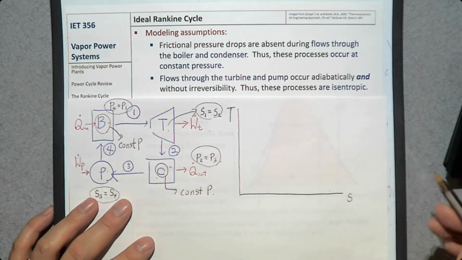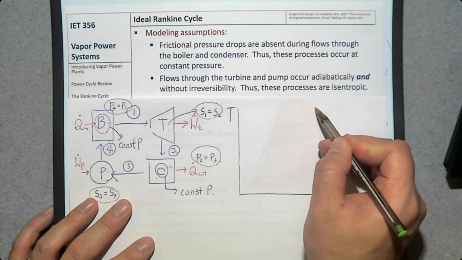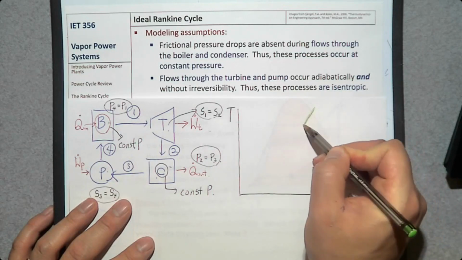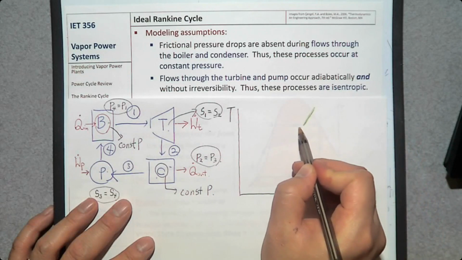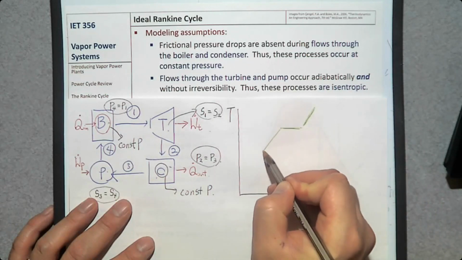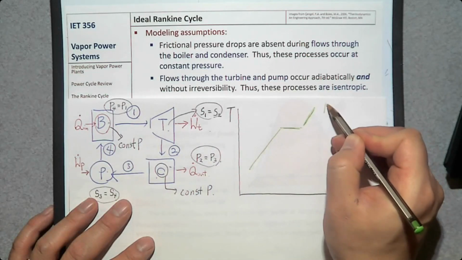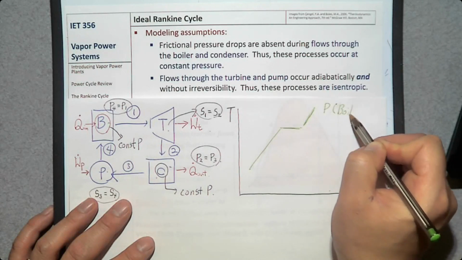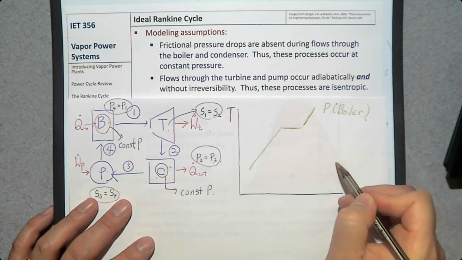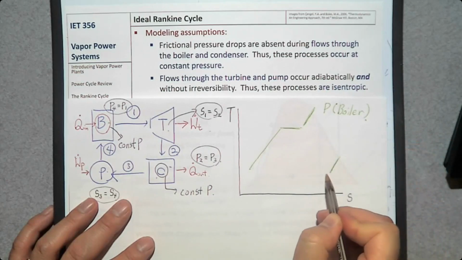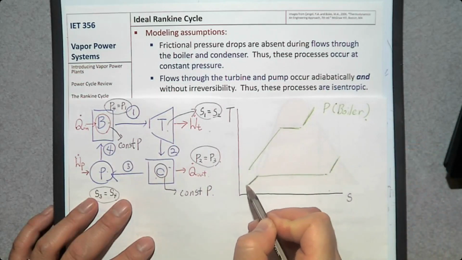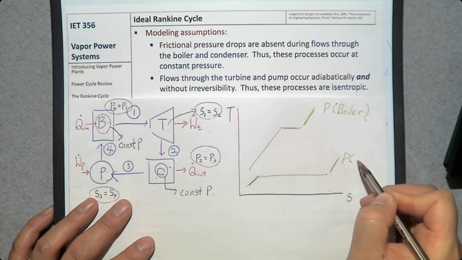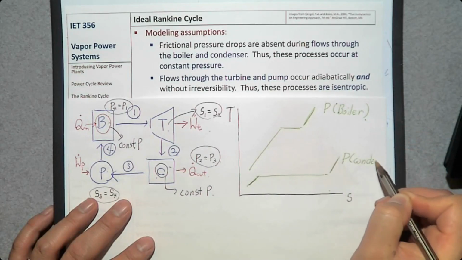I'm going to make a TS diagram, one for high pressure. So this is pressure in the boiler. And the other pressure is here, low pressure, the condenser pressure.